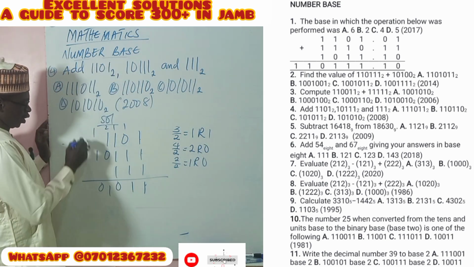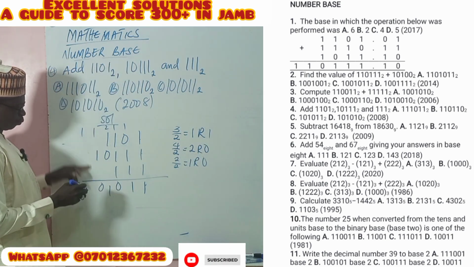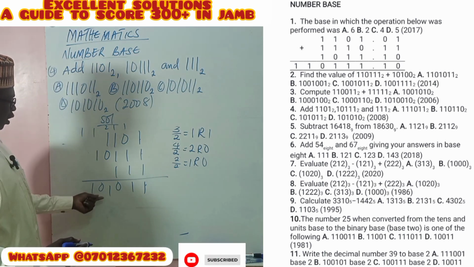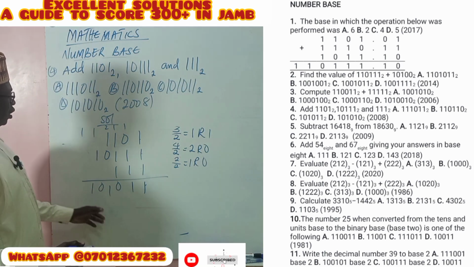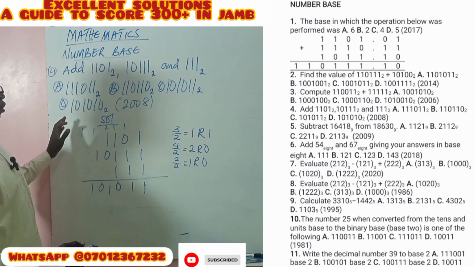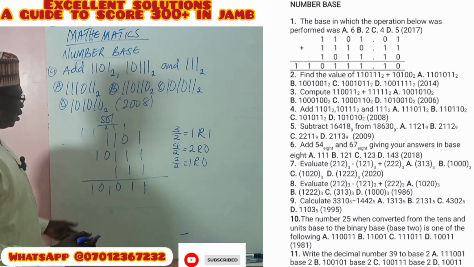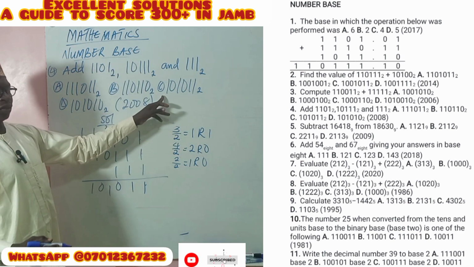So we put 0 and carry 1 here. 1 plus nothing is 1. So this gives us 101011. If we look at our options, the option that has 101011 is C. The answer is option C.